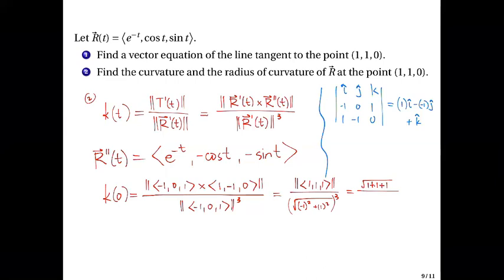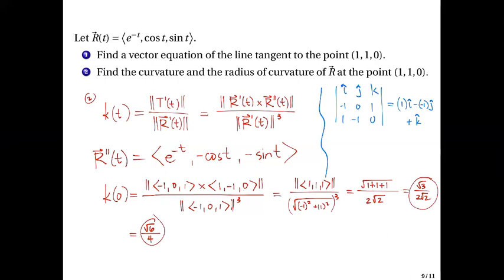For the denominator, we have 2 square root of 2. And finally, we will have square root of 3 over 2 square root of 2. So you can write the curvature in this form, or if you want to rationalize this, you will get square root of 6 over 4. So this is the curvature.